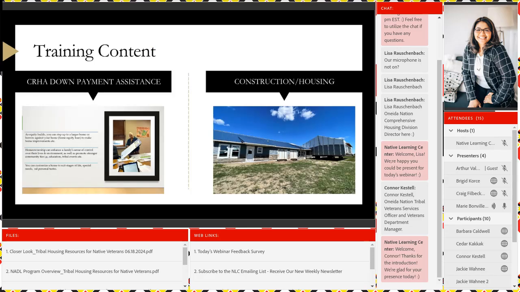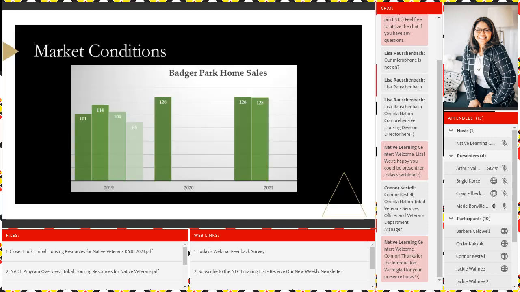But we talked about the down payment assistance programs. In this environment with cost of housing being so high, definitely we had to make sure that they had an understanding of what they would have to bring to the table. And even though it's 100% loan, there are fees and other things they need to be made aware of. The construction of the home and that process, market conditions.